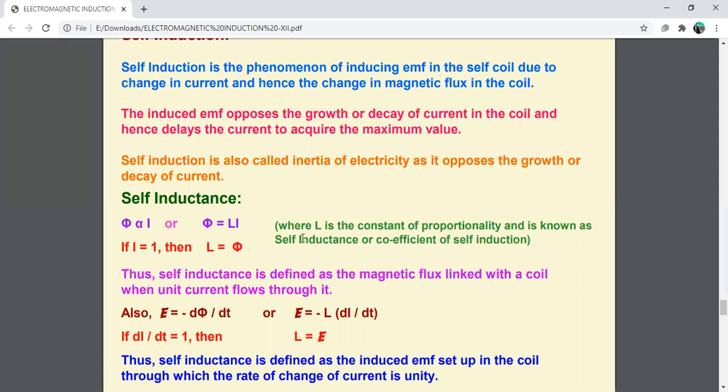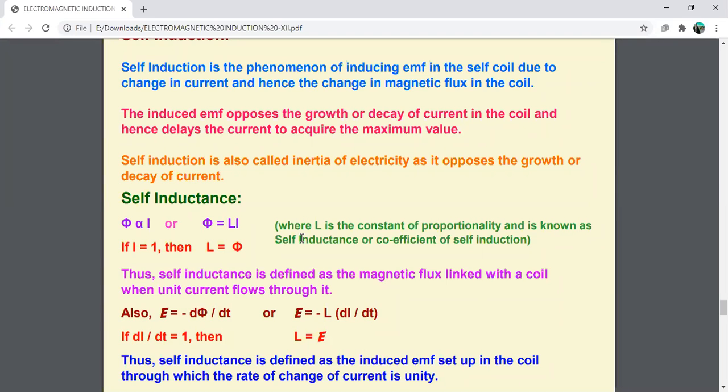If you take a coil of single turn, and the current passing through the coil is varying, changing, if you say that alternating current is supplied through the coil, then the magnetic field due to the current flowing through the coil will go on changing continuously.